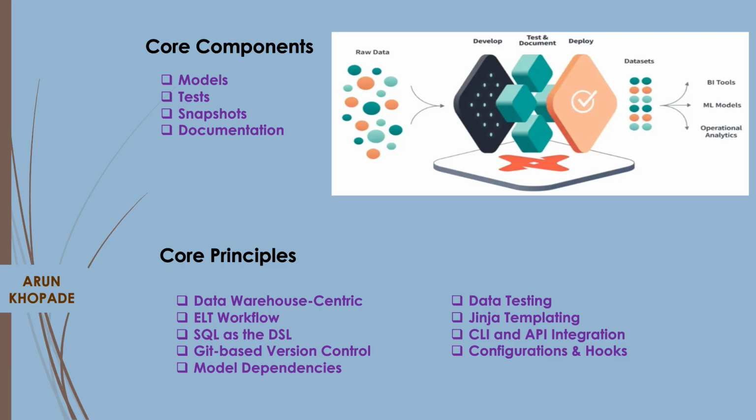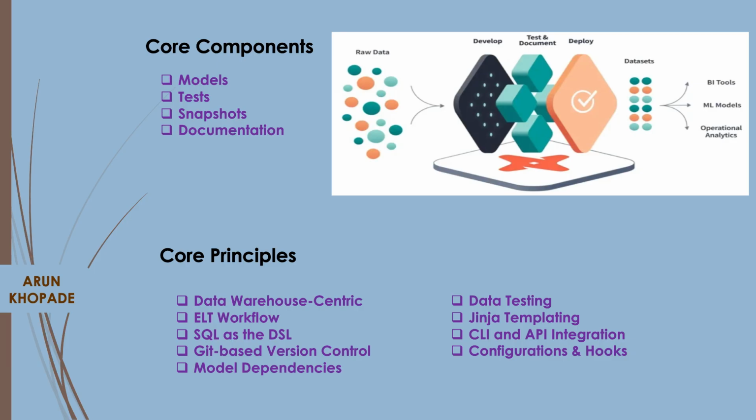This reuse of a code snippet is achieved using the Jinja 2 core engine. DBT supports the Jinja 2 engine, and with that we could achieve reusability of the code.